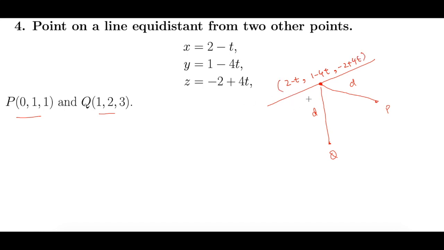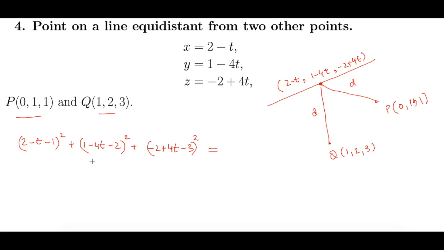So what is the distance between this and this? This is 1, 2, 3, and this is 0, 1, and 1. So the distance is 2 minus t minus 1 squared plus 1 minus 4t minus 2 squared plus -2 plus 4t minus 3 squared.